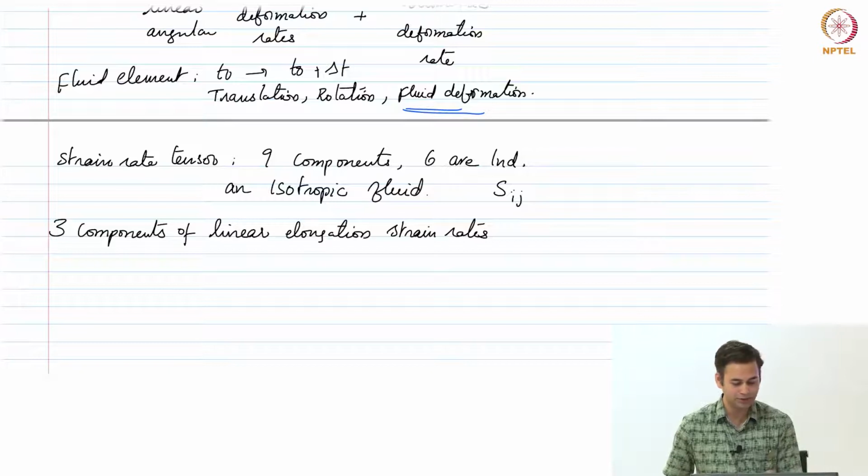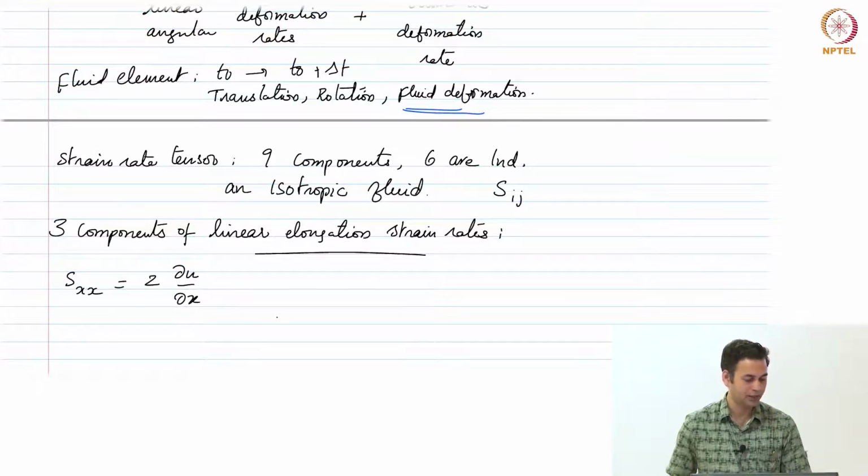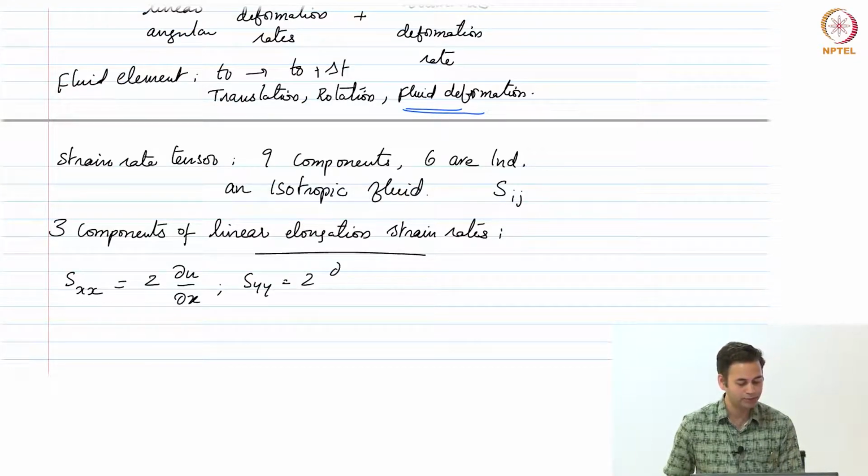So the linear elongation strain rates would constitute S sub xx equals 2 times partial u partial x. Syy would be equal to 2 times partial v partial y.